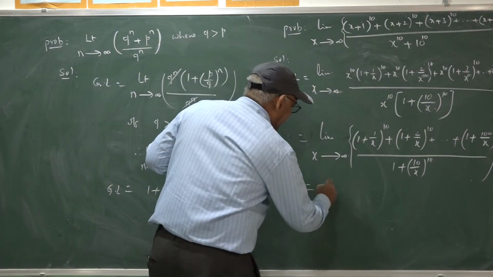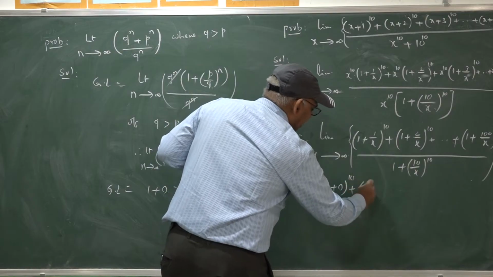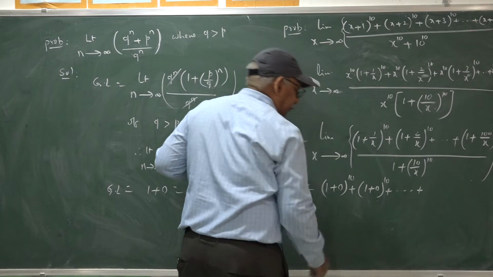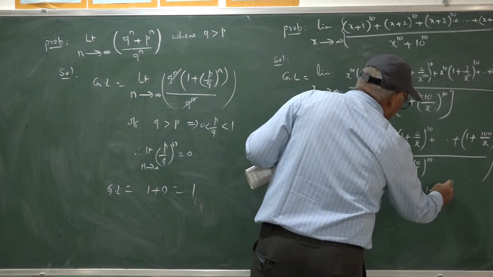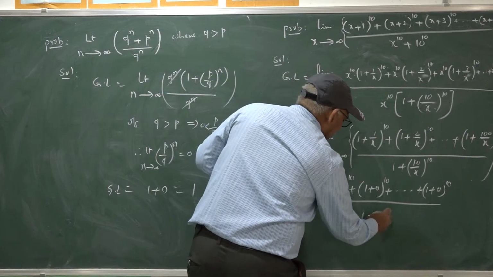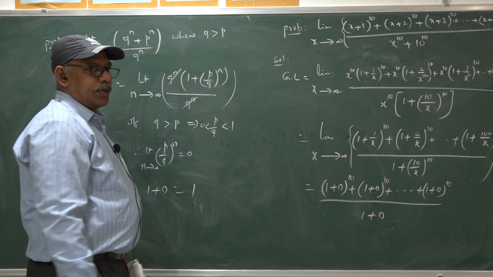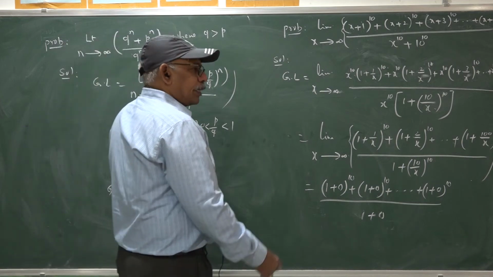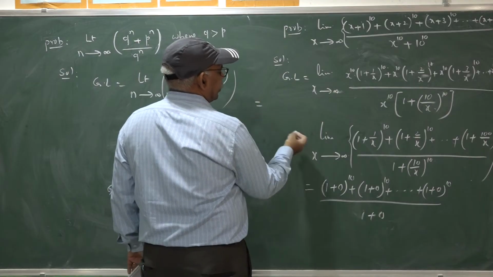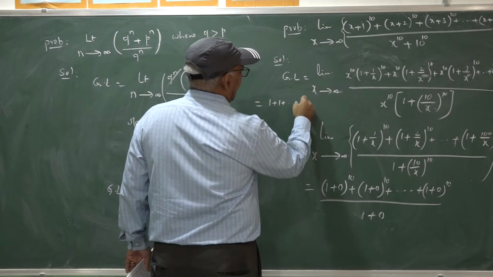Hence we get (1 plus 0) whole power 10, like that, divided by (1 plus 0) itself, because 10 by x also is 0. Each and every term becomes 1, 100 terms. So 1 plus 1 plus 1, 100 times.